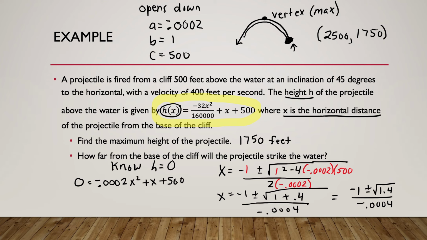All right, so I am going to use my calculator. And I'm going to do a little rounding. So my first solution that I get when I get the positive, rounding to the nearest foot, I get an answer of negative 458. Okay, so that's what I get when I put this in my calculator.